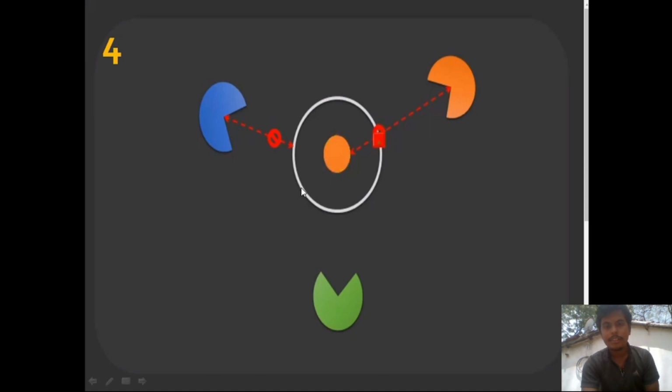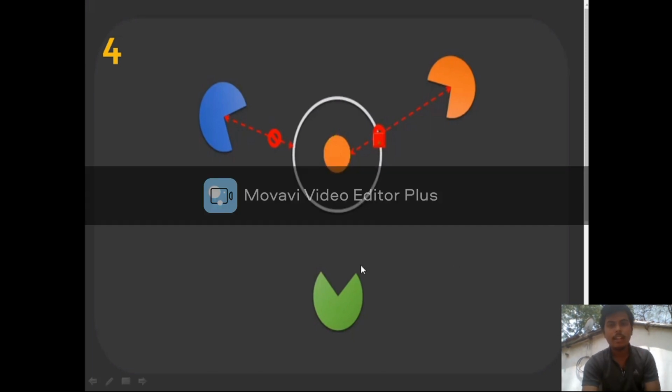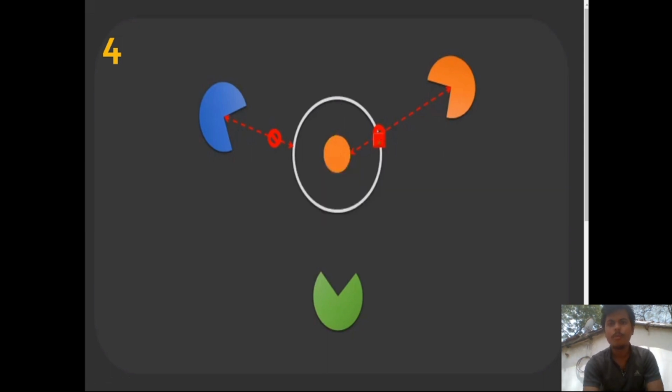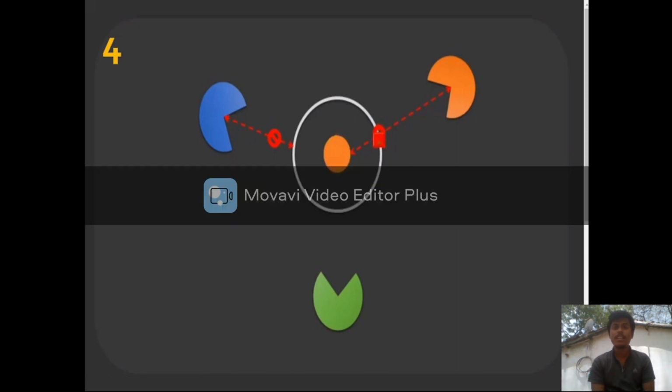So Java here takes a bodyguard which guards the resource from multiple threads accessing it. So what does this bodyguard do? Suppose this orange thread wants to access this resource. The bodyguard asks orange, do you have any lock? Then orange replies, I don't know about any lock.